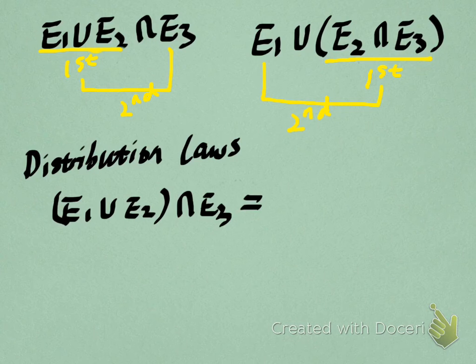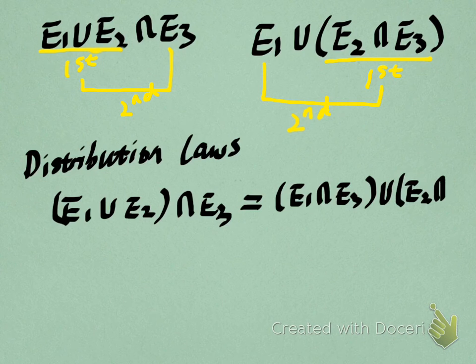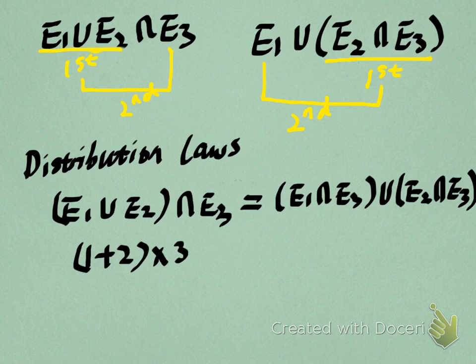Then we can distribute this as E1 intersection E3, parentheses, union E2 intersection E3. We can think of this as the numbers 1 plus 2, times 3. Generally we compute the 1 plus 2 in the parentheses first and then times 3. But we can also use the distribution law to compute this as 1 times 3 plus 2 times 3.